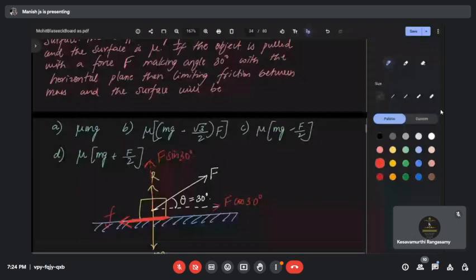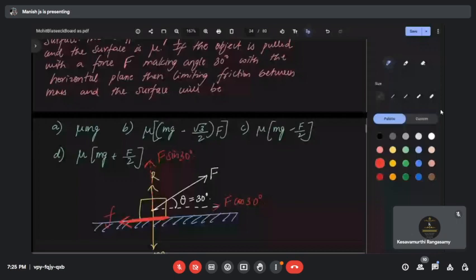We also have the weight of the object acting vertically downwards. You don't have any other force, so the sum is equal to m into a, where m is the mass of the block.